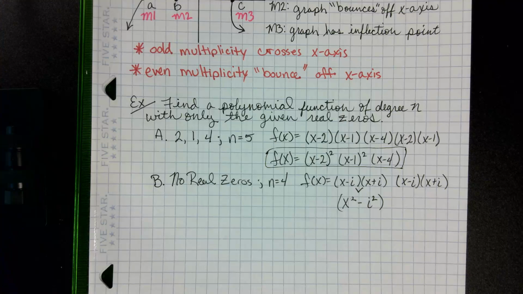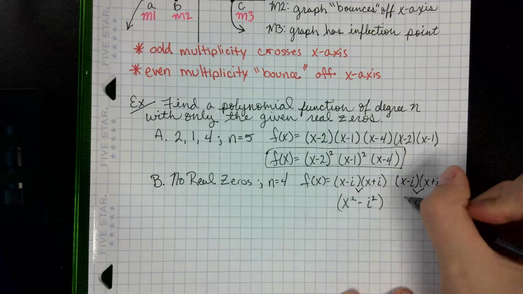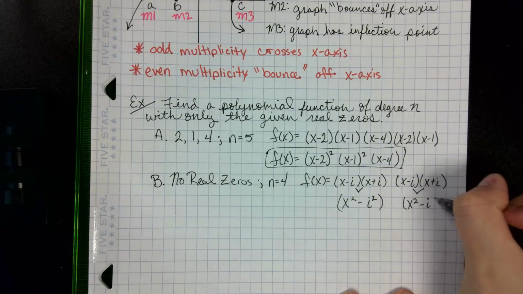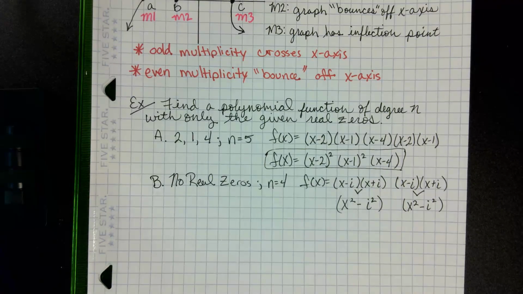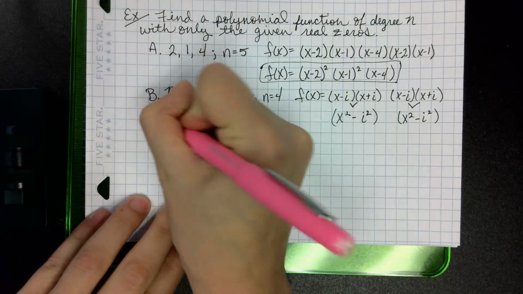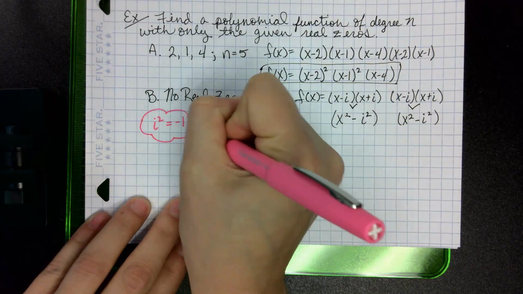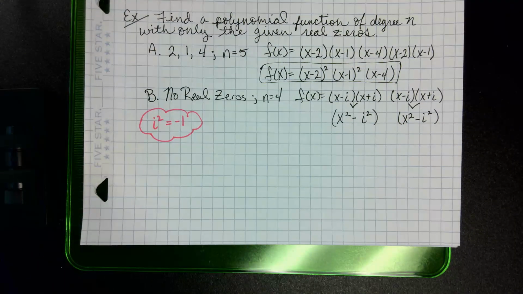Or basically you multiply it out. You could FOIL it. That's the same thing. Multiply it out, the middle terms cancel because one's positive and one's negative. And obviously if I do this pair, it's going to give me the same thing. So x squared minus i squared. But then remember the big rule of dealing with i, that i squared is equal to -1. That's the thing you always have to remember when you're dealing with i's, is that i squared is just -1.